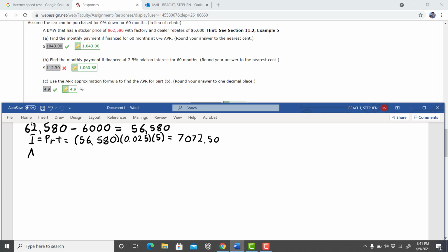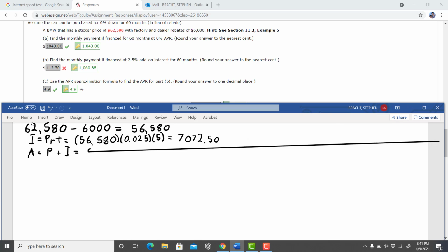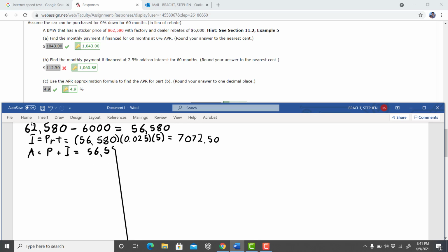So that is the interest, which means the total amount that you would have to pay back on the loan would be the principal plus the interest, which is equal to 56,580 plus 7,072.50.